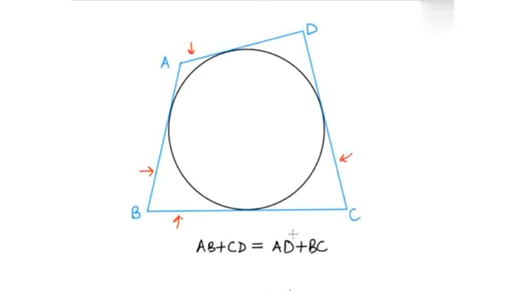For our proof, we made use of the fact that tangents drawn from an external point to any circle are equal. For example, this tangent here will be equal to this segment here, and so on. You can go back to the video for question number 8 and rewatch it if you have to, but I'm going to use this result directly for the current question.